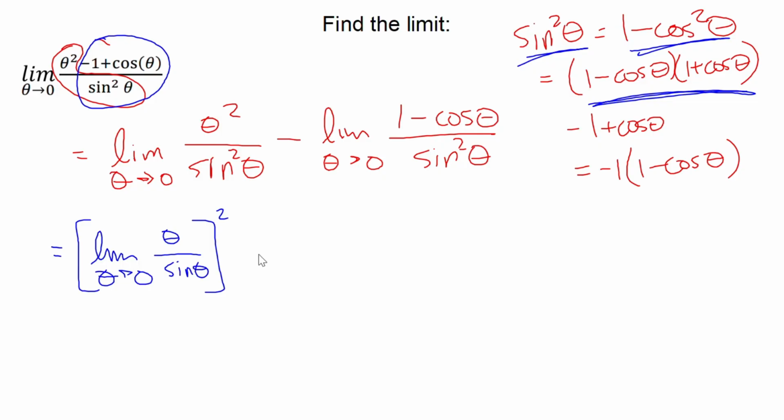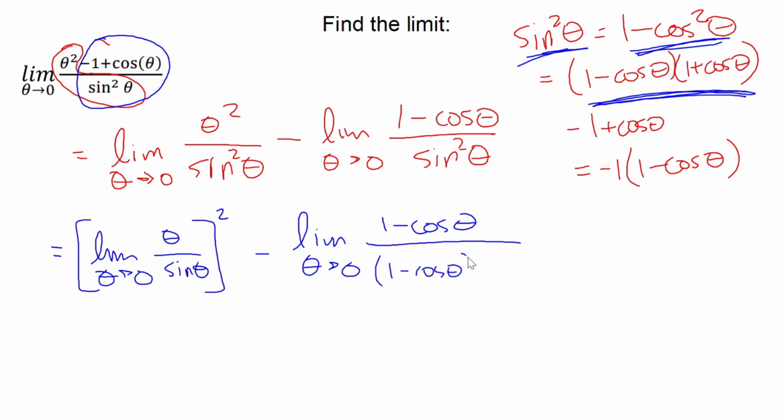And then we'll rewrite this one as a limit as theta approaches 0 of 1 minus cosine theta, and then using that logic, we'll put a 1 minus cosine and a 1 plus cosine theta down here. And then we'll cancel out those 1 minus cosine thetas.